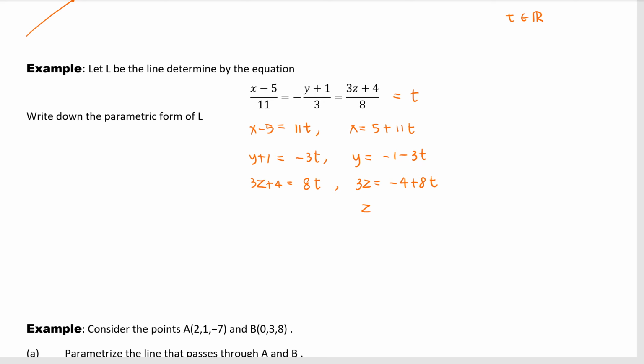Now we divide both sides by 3, so minus 4 over 3 plus 8 over 3 t. So our parametric form is x is 5 plus 11t, y is minus 1 minus 3t, z is minus 4/3 plus 8 over 3 t. Also t is any real number.